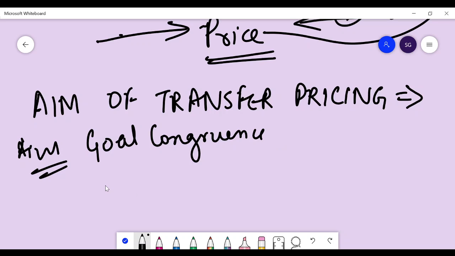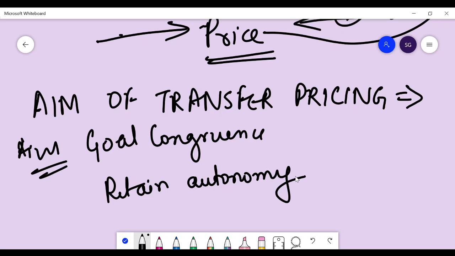Second goal that it aims to maintain is to retain autonomy by not forcing internal transfers.